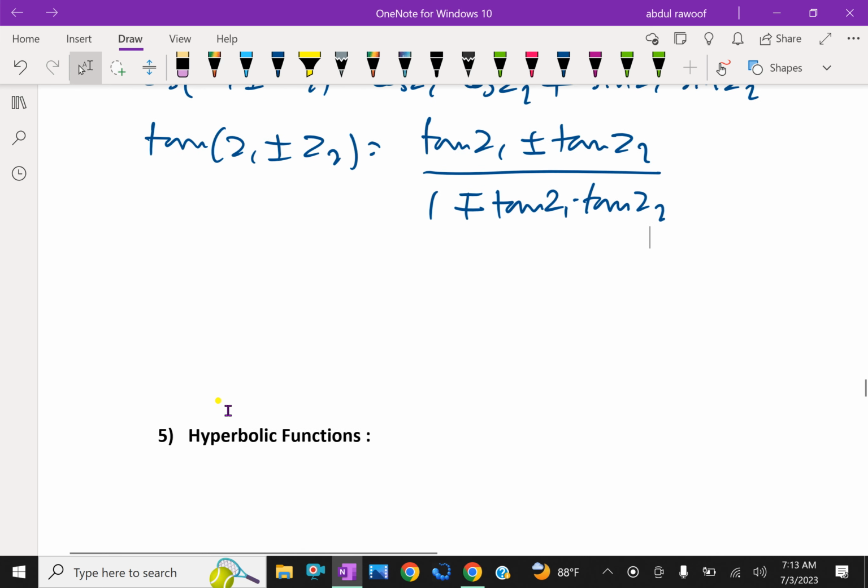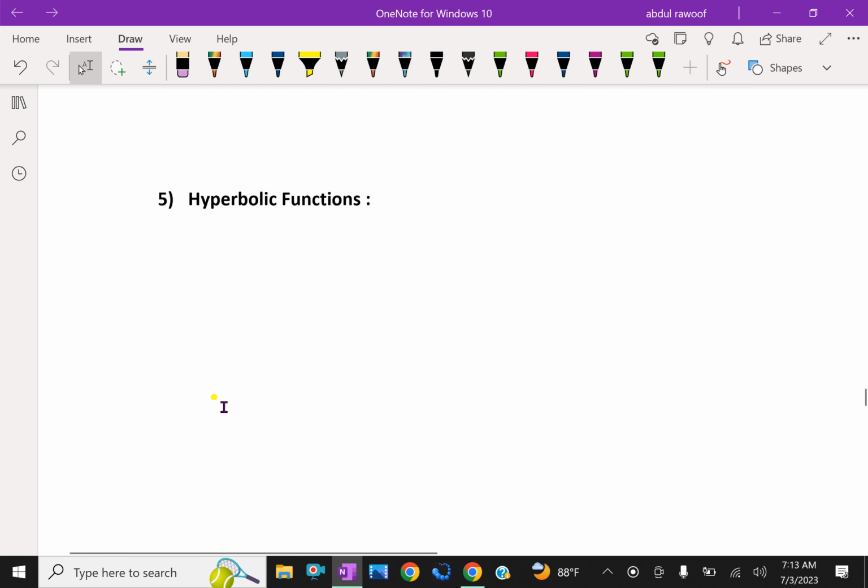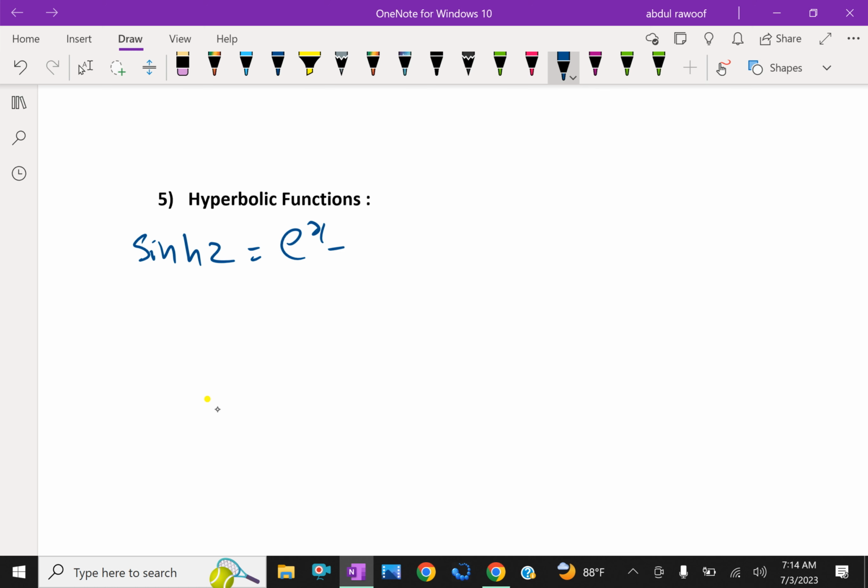Now next one is hyperbolic functions. Sin hz equal, in terms of exponentials, e power z minus e power minus z over 2.